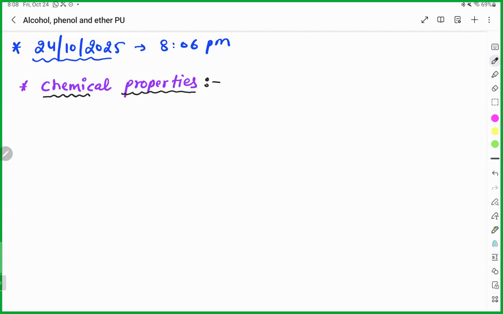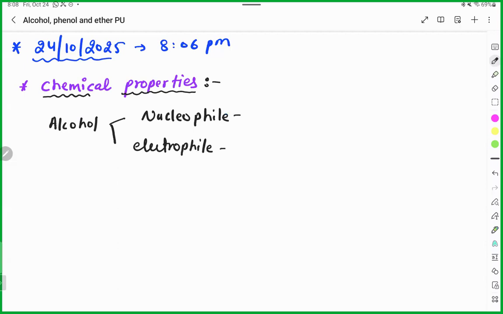So, when it comes to the chemical properties of alcohol and phenol, alcohol can act as both nucleophile and electrophile. Chinmay, how is that possible? I'm not sure, sir. I don't know.